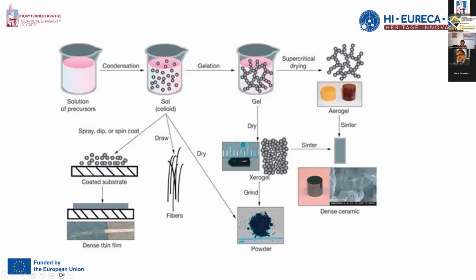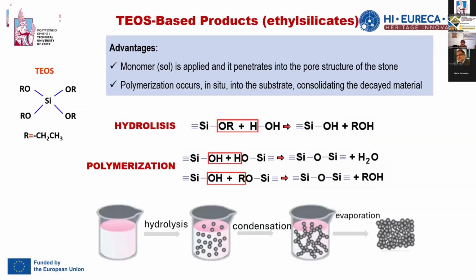In our case, we are in this situation here. We can apply our products on the surface of concrete, and after penetration of this colloidal solution inside the concrete structure, we can also have the xerogel formation, which is important in order to reinforce the decayed concrete grains.